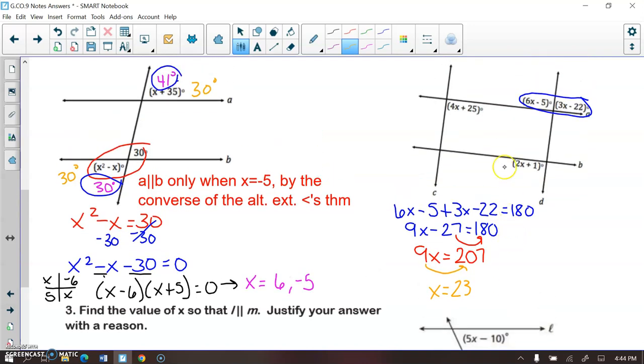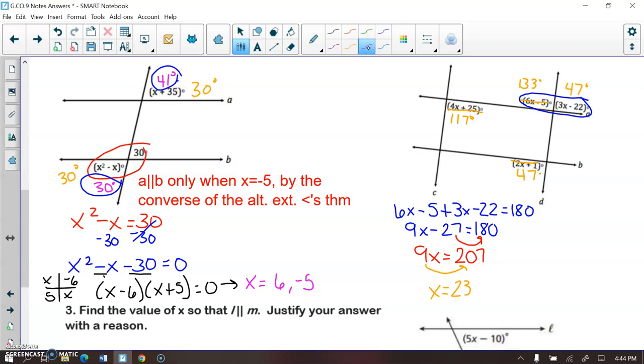Putting 23 in for x into all of these angles here, 4 times 23 plus 25 gives me that this angle is 117 degrees. 6 times 23 minus 5 gives me that this angle is 133 degrees. 3 times 23 minus 22 gives me that this angle is 47 degrees. And 2 times 23 plus 1 gives me that this angle is 47 degrees.